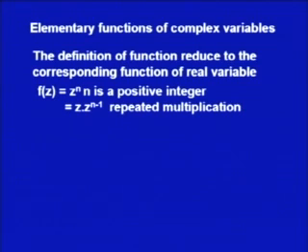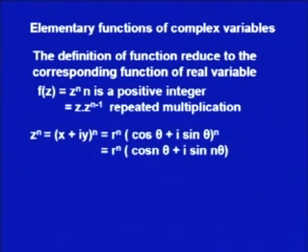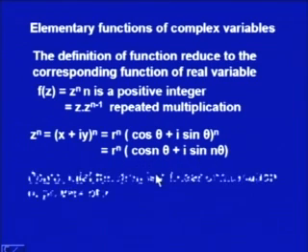Now, z raised to power n can be written as (x plus iy) raised to power n, and x plus iy in polar form can be written as r (cos theta plus i sin theta). Also, in this sense, (x plus iy) raised to power n is r raised to power n multiplied by (cos theta plus i sin theta) raised to power n, and further this can be simplified to r raised to power n (cos n theta plus i sin n theta).